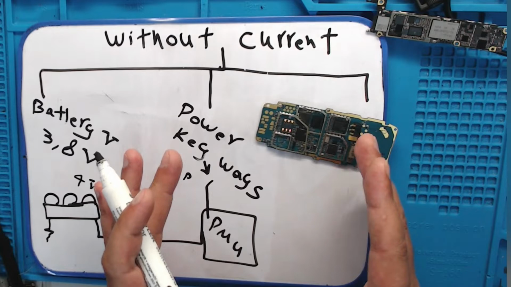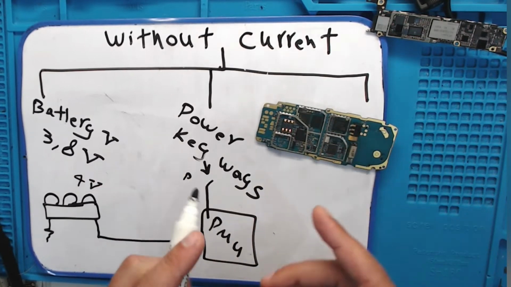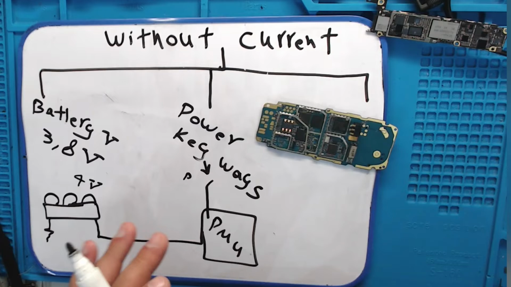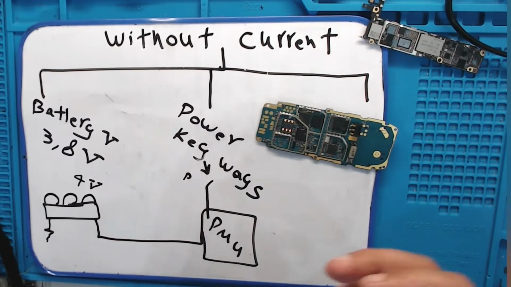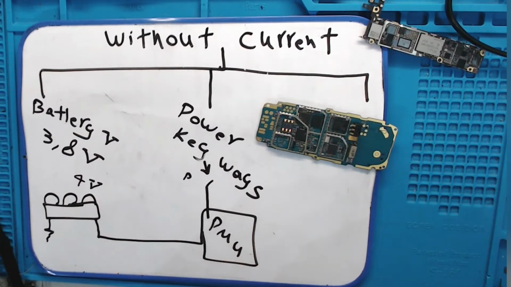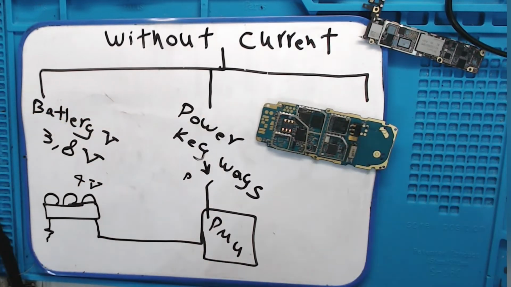Power key voltage starts from 1.8 to the same voltage as the battery, 4 volts for example. And in the power key video I will tell you about all types of power button, but this video is just about the reset current.